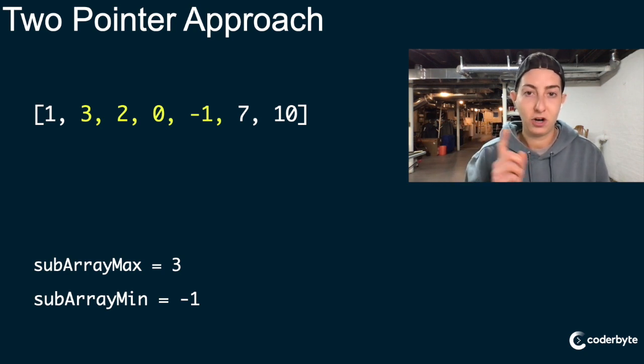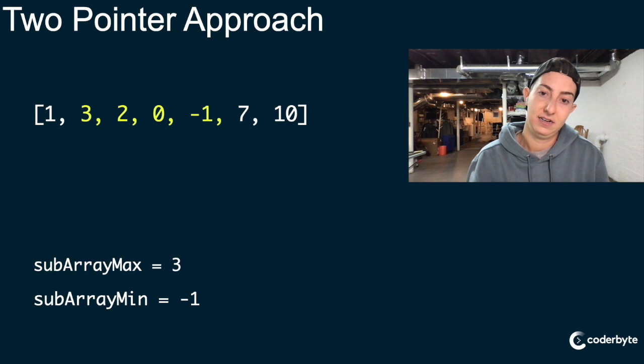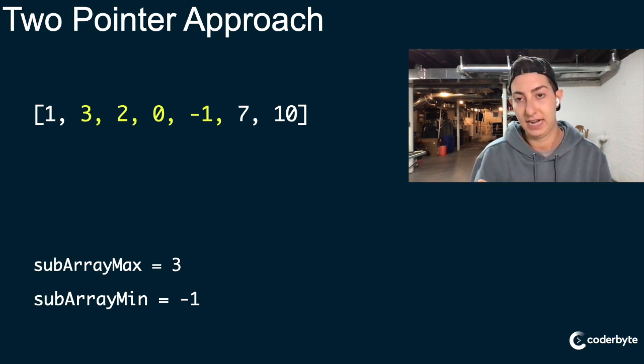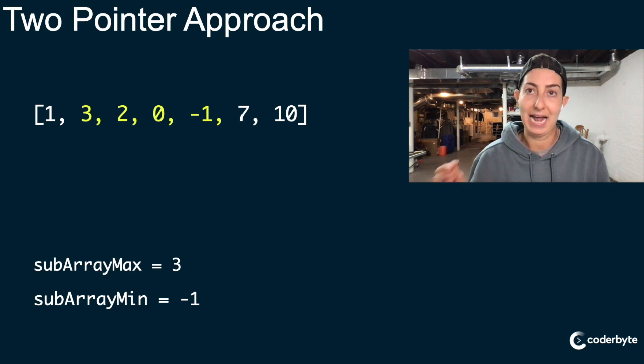So we extend our window to the left to include things that are greater than the min, and we extend to the right to include things that are less than the max. Less than the max has to be included in the array. Yes, that's correct. Because if it's less than the max in the array, it needs to be before that maximum, even if it was in sorted order.